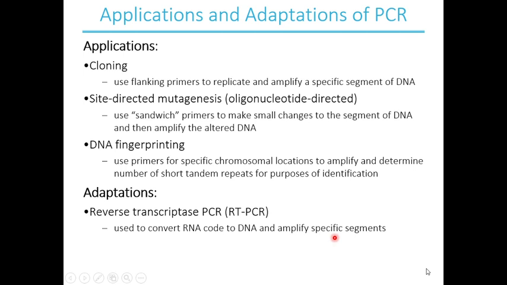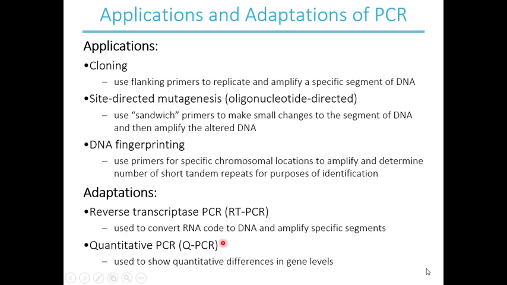In such circumstances, an RNA needs to be converted to a DNA, and for this purpose, reverse transcriptase PCR is used. Quantitative PCR or qPCR is used to show quantitative differences in gene levels, and this is a very powerful technique as well. We will talk about these techniques later on.